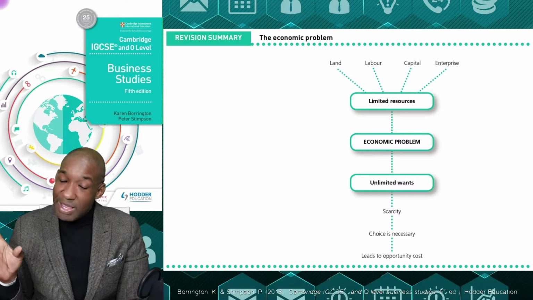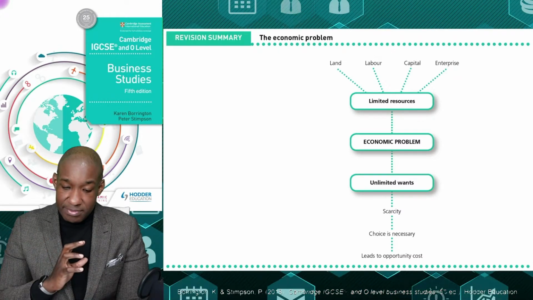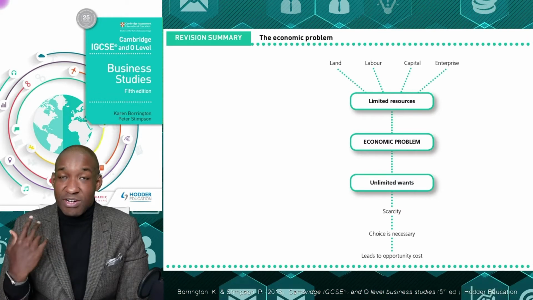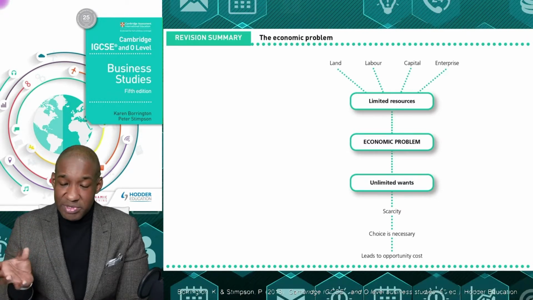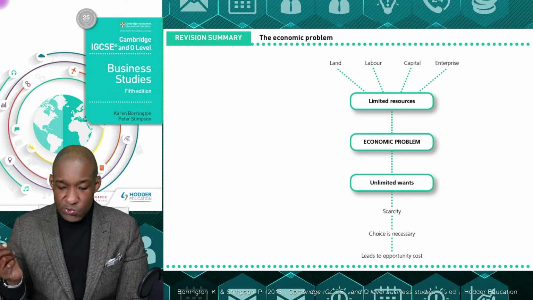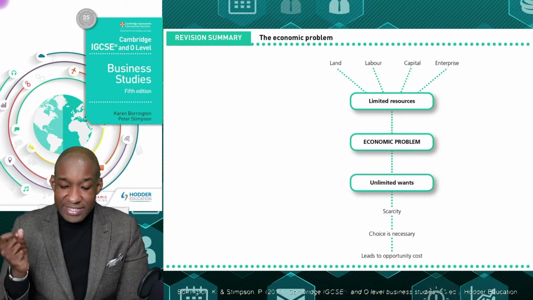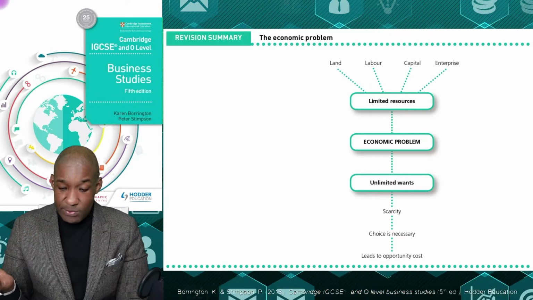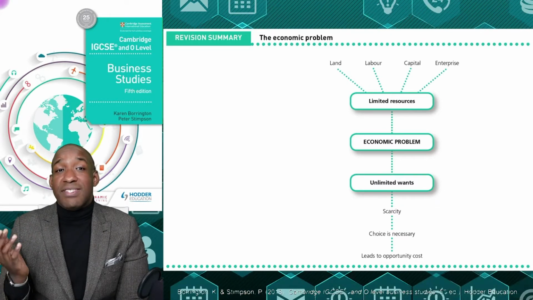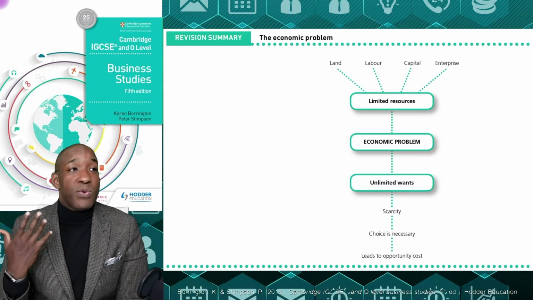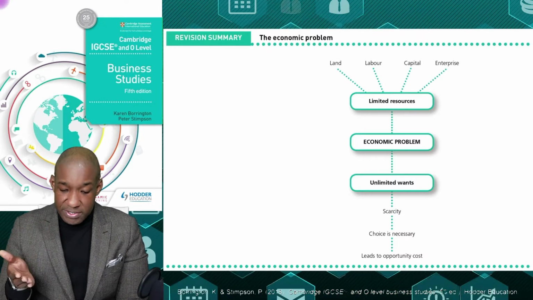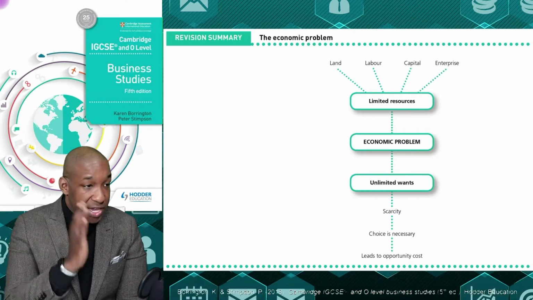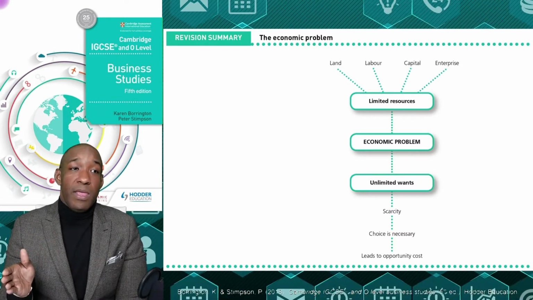There are limited amounts of all 4 of these, which causes an economic problem because there are unlimited wants and only a limited amount of resources to create those wants. That leads to scarcity. There's not enough of everything for everyone. Therefore, choice is necessary. Even if you have all the money in the world, you still need to make a choice. And that choice leads to opportunity costs. Whatever you gave up to make that decision.